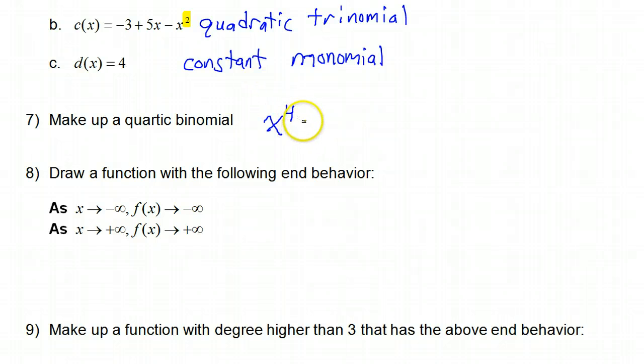So I'll just say x to the 4th power plus x. This would be a quartic binomial. I could put a 2 in front of it. As long as I have x to the 4th power and it's 2 terms, that'll be a quartic binomial.